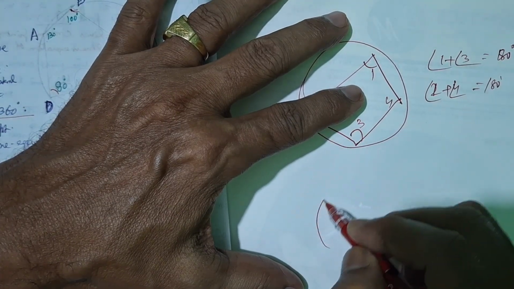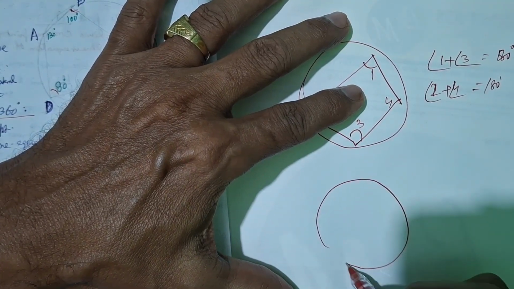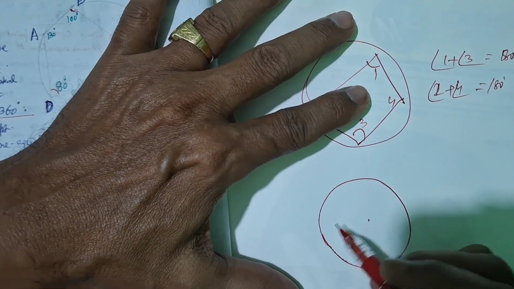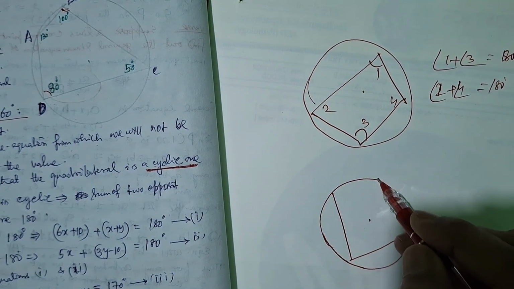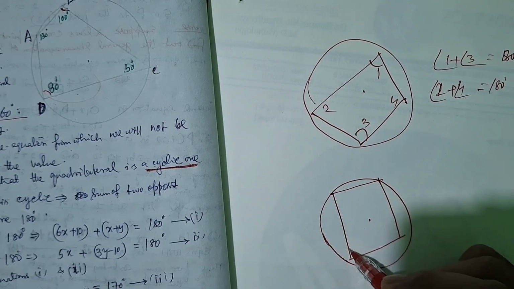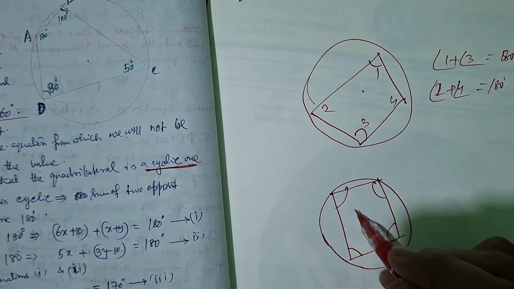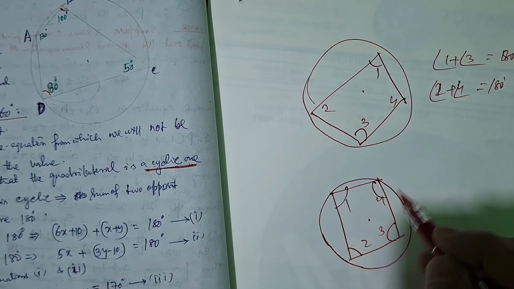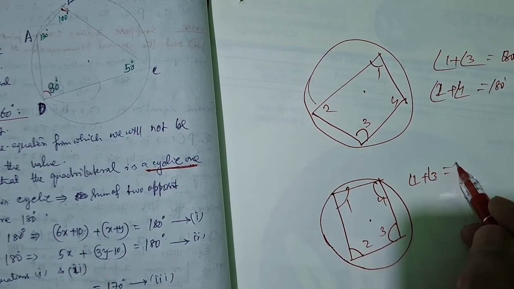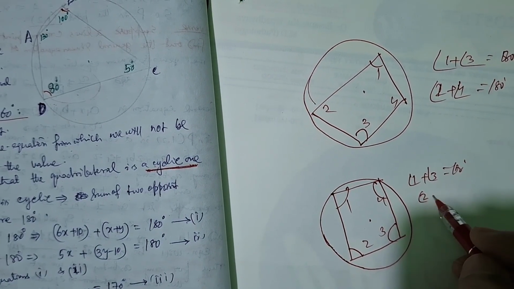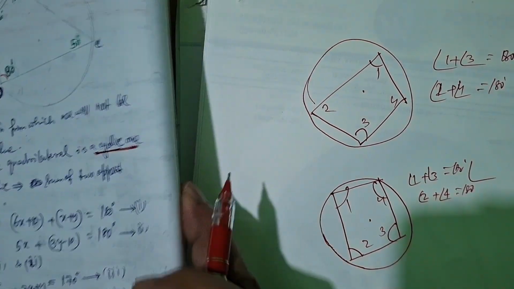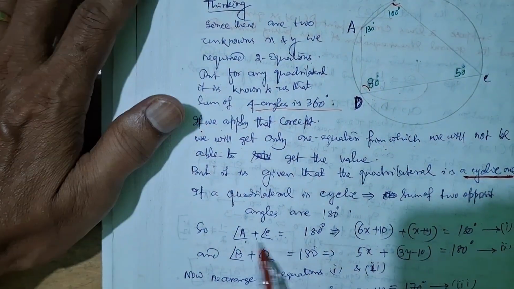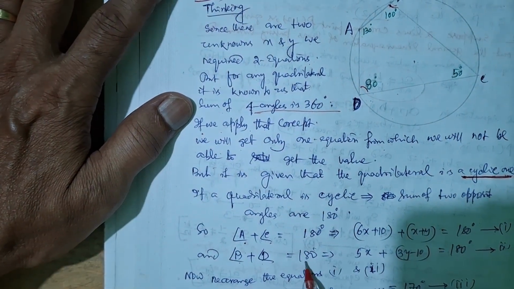Similarly, you have to construct it any type, it is always so. 1 plus 3 is equal to 180, 2 plus 4 is equal to 180. It is another condition. So you write A plus C is equal to 180, B plus D is equal to 180.